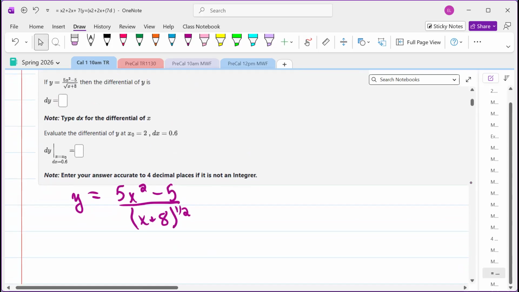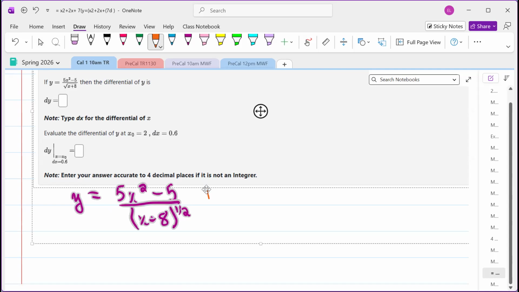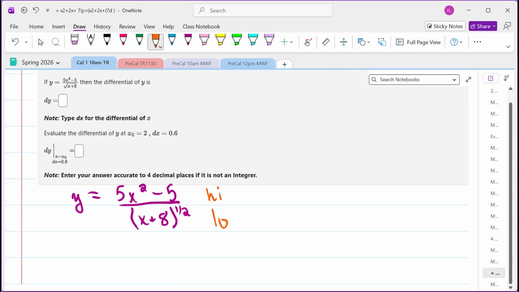All right, now I'm going to use the quotient rule. So if I call this high and this low, low d high minus high d low, square the denominator, and away we go.